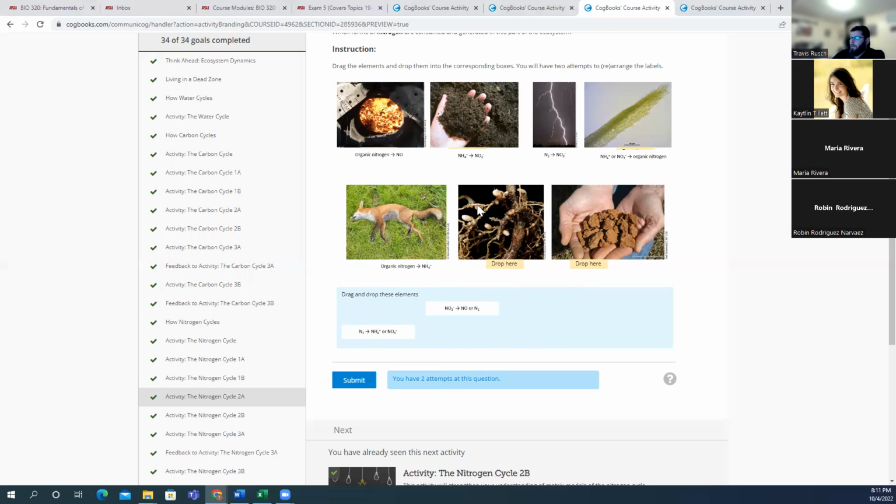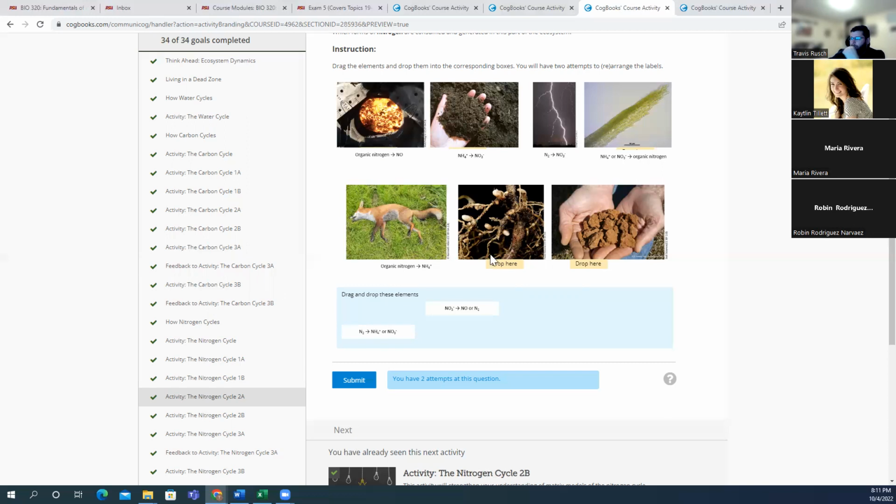All right, what's going on in this picture? What are we looking at? Yeah, so we're looking at roots and fungi, and they have an interaction here.